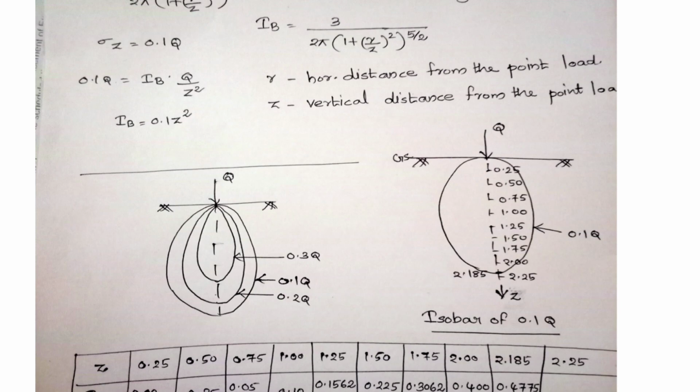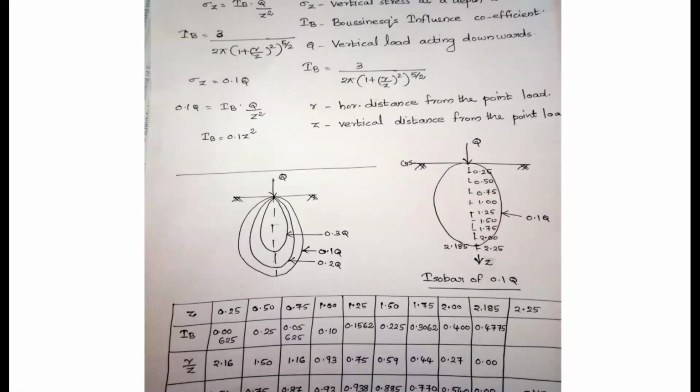Isobars are useful for determining the effect of load on the vertical stresses at various points. The zone within which the stresses have a significant effect on the settlement of structures is known as the pressure bulb. So what is the difference between a pressure bulb and an isobar? An isobar is a curve joining points of equal stress intensity.